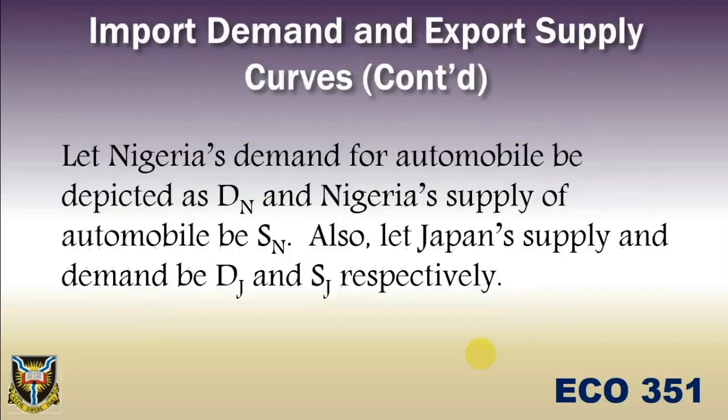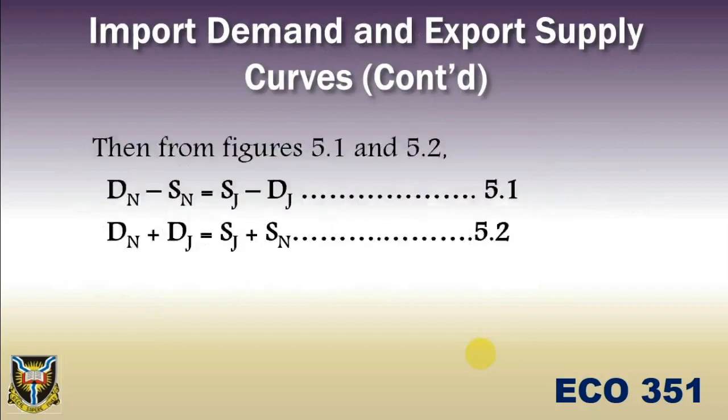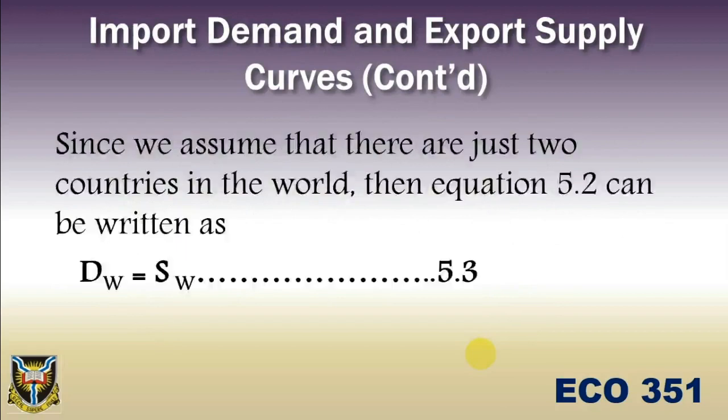Then from figures 5.1 and 5.2, DN minus SN equals SJ minus DJ. That's equation 5.1. And then DN plus DJ equals SJ plus SN, equation 5.2.